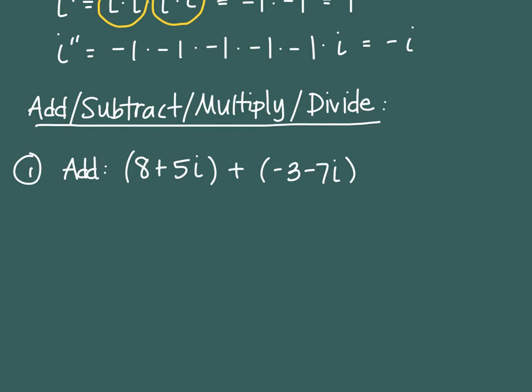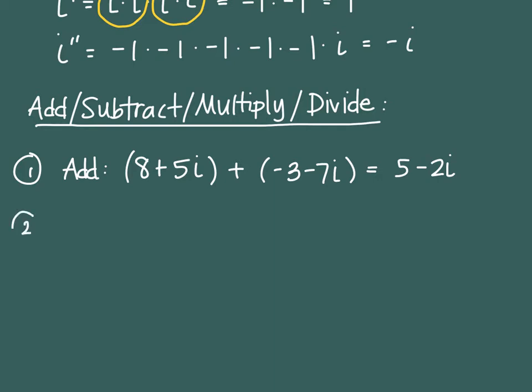So you add up like terms. And so the answer to that is going to be 5, because that's 8 plus -3. And then 5i plus -7i is -2i. So you're adding up the like terms. They match up. 8 to -3 matches, and 5 to -7 matches.